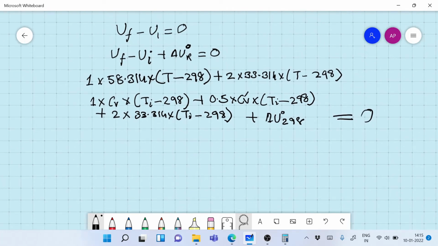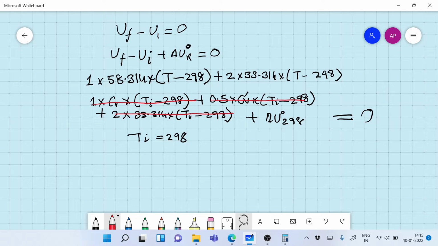Now remember, as given in the problem, Ti is equal to 298. Therefore, these terms automatically get cancelled off, because when we put 298 in it, these terms automatically cancel off.